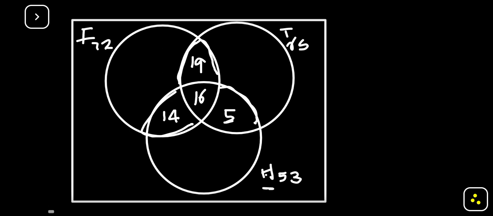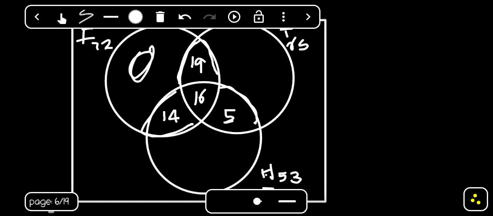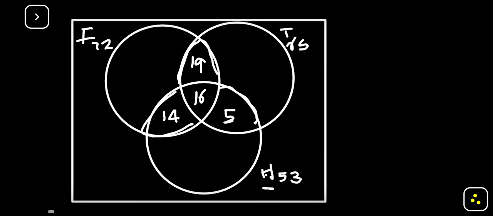So only First Bank is this part here. The same thing for Trust and Hallmark Bank. Now we're going to add the parts associated with First Bank, which are 19, 16, and 14. We'll add them together and subtract from 72. That will give us only First Bank.